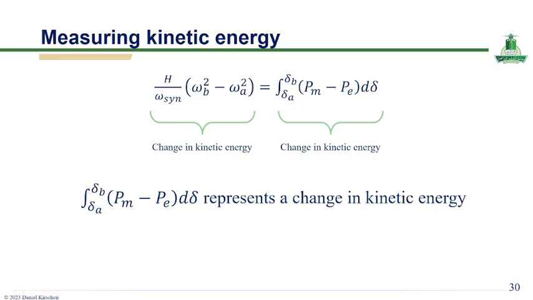This slide emphasizes the physical interpretation of the equal area criterion by linking it directly to the generator's kinetic energy. It shows that the change in kinetic energy of the rotor, expressed in terms of speed variation, is equal to the integral of the difference between mechanical input power and electrical output power over the rotor angle.